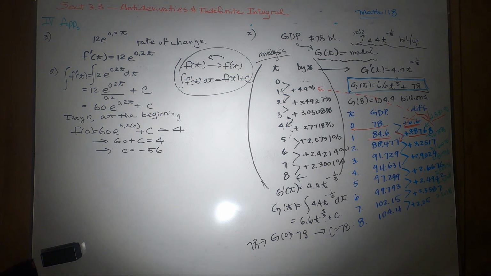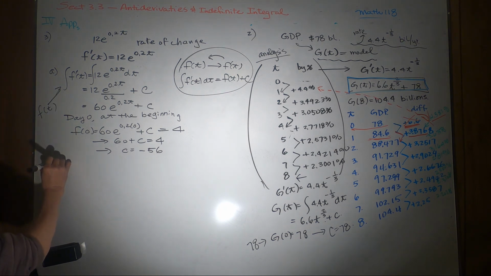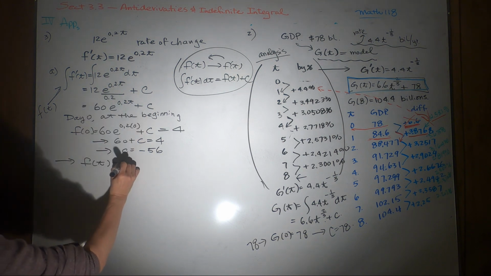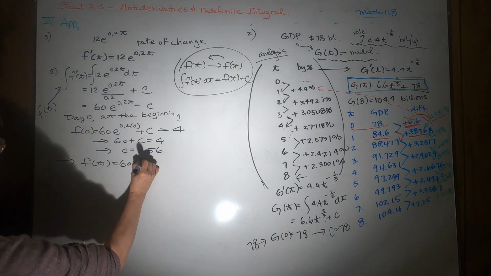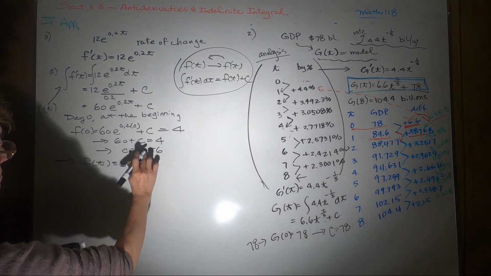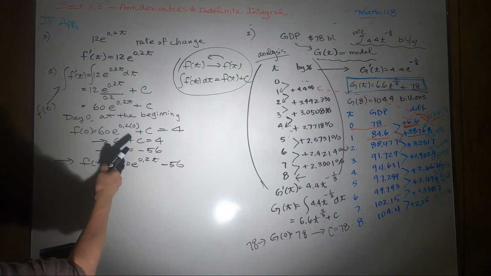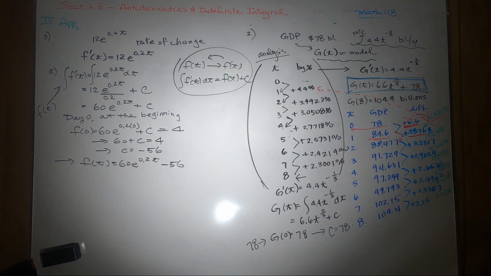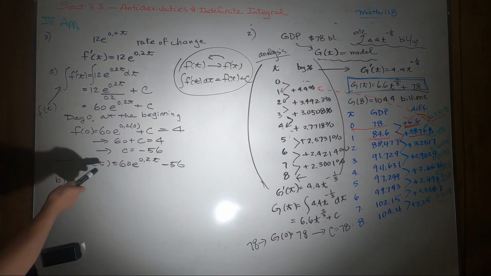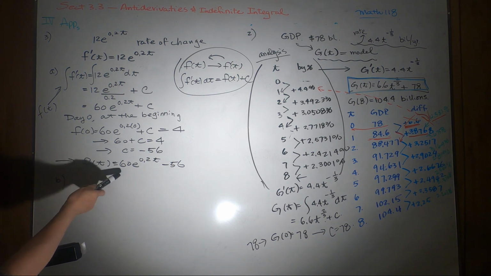So your f(t) would be 60e^(0.2t) minus 56. That's our model of the projection for the cases.